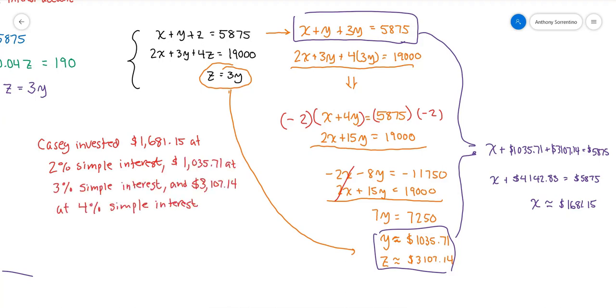So she invested $1,681.15 at 2% simple interest, $1,035.71 at 3% simple interest, and $3,107.14 at 4% simple interest.